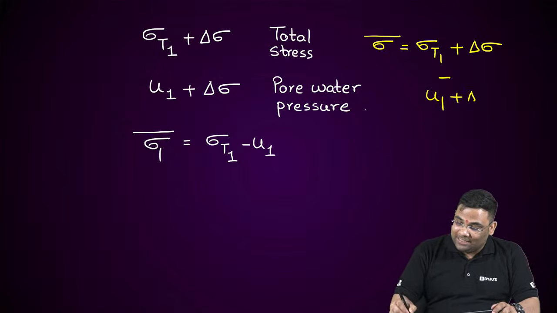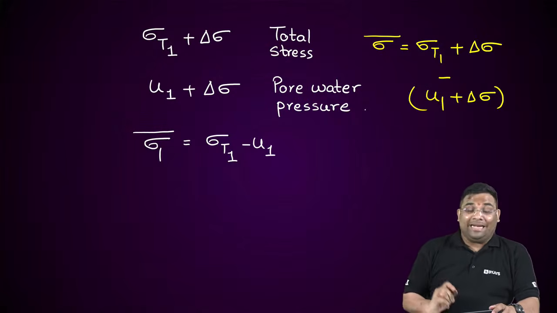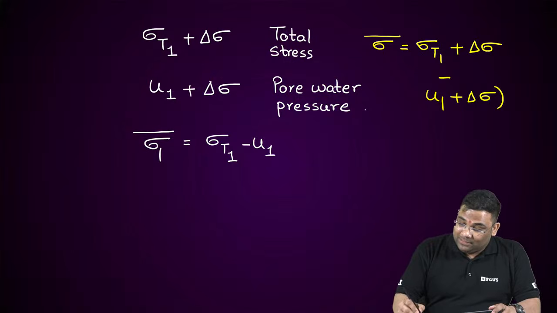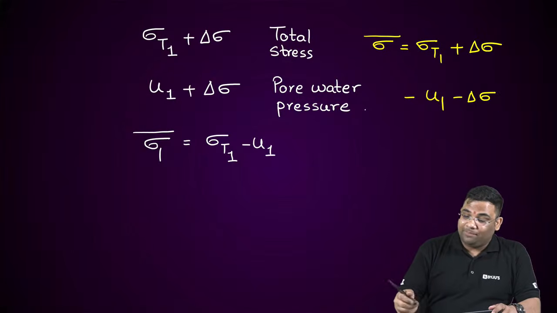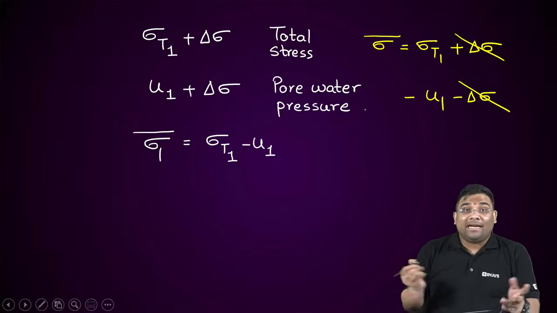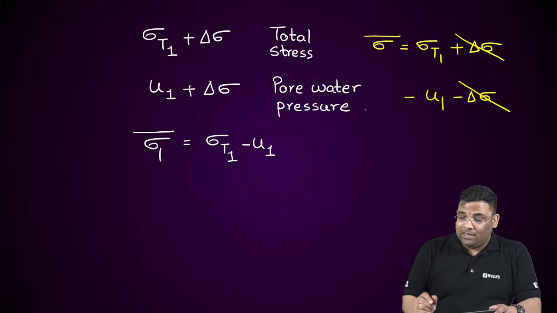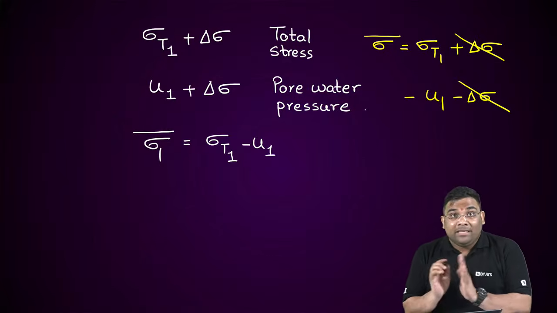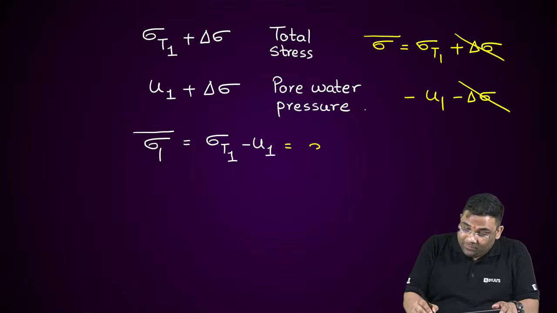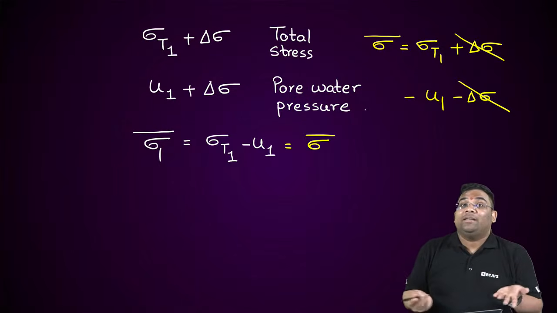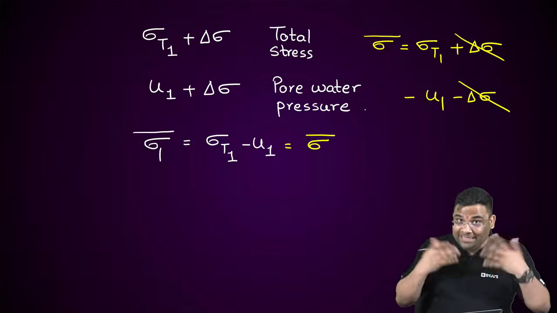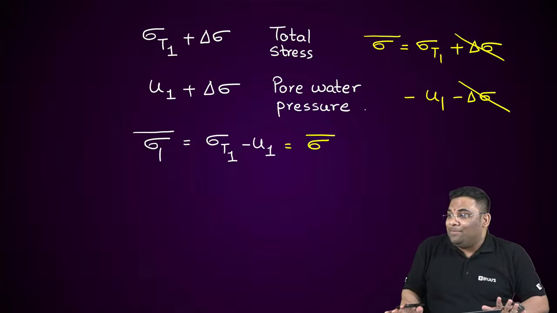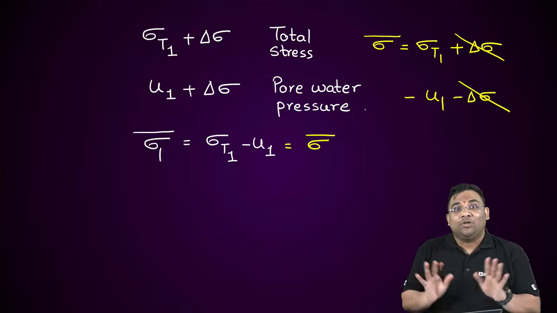U1 plus delta sigma. But this is in bracket. If you open the bracket, this will be minus, this also will be minus. So this delta sigma gets cancelled, and I am getting sigma T1 minus U1. This is nothing but the initial effective stress. So I can say by this time, the effective stress has not changed.